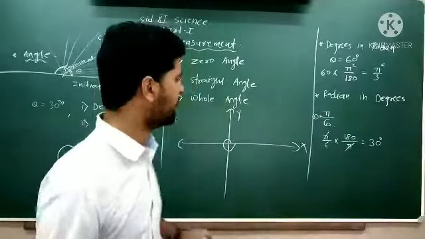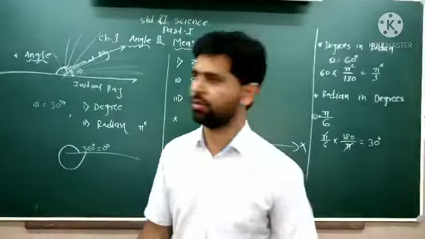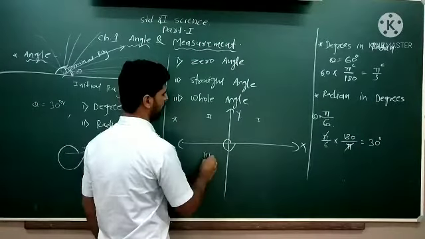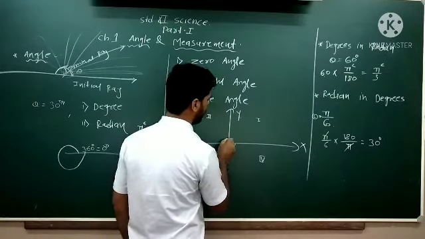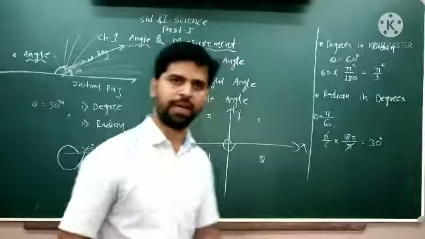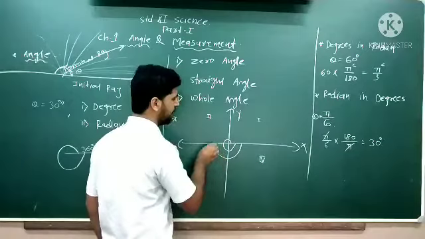Then we have seen the quadrants, how we can represent the different angles into quadrants. We know this is your first quadrant, second quadrant, third quadrant and fourth quadrant. If you start to count the angle from here anti-clockwise, you will get all the angles positive, right? But if you start to count the angle from here, you will get your angles negative.